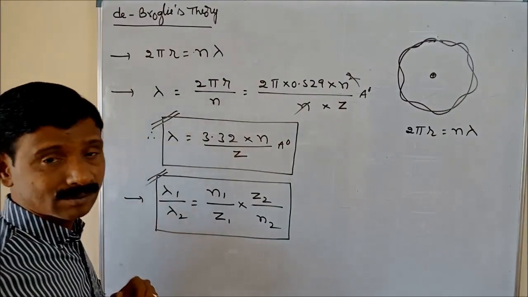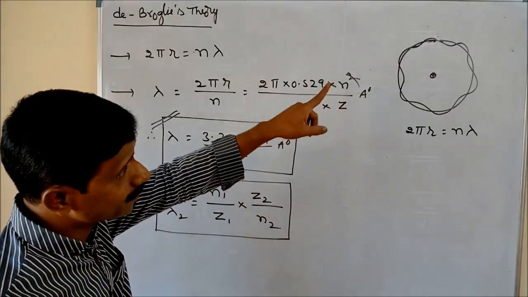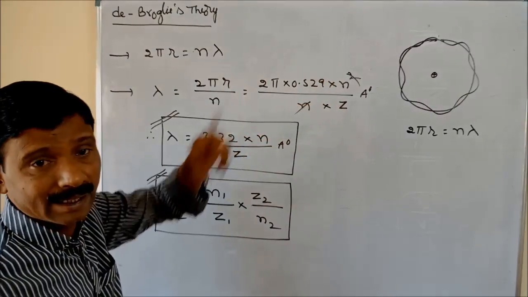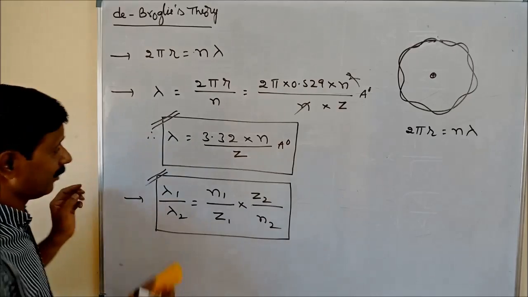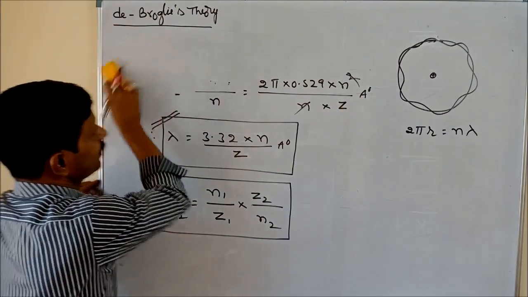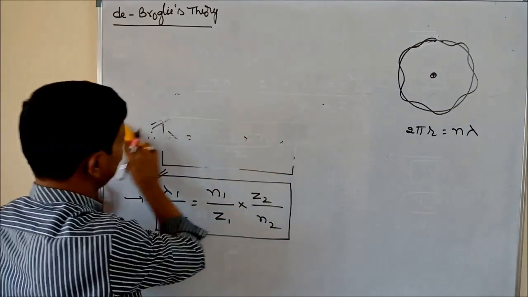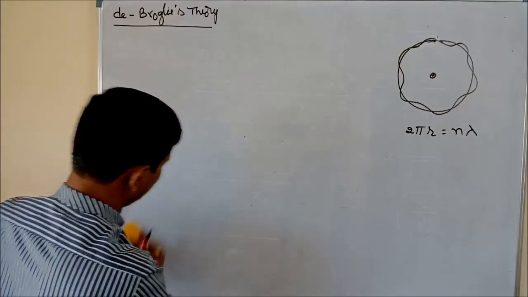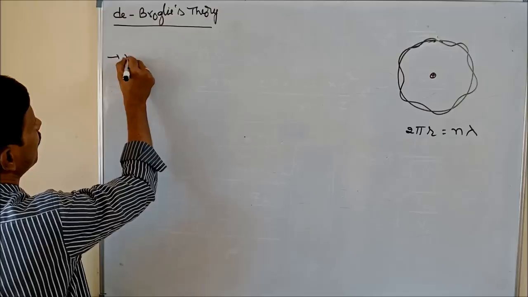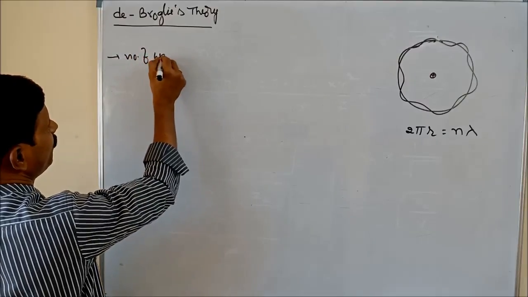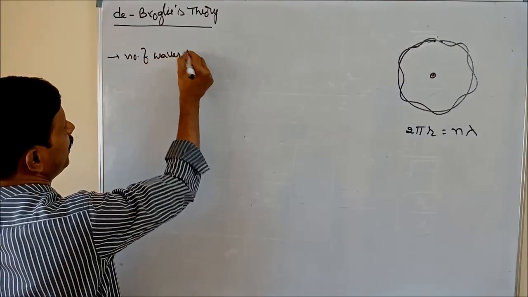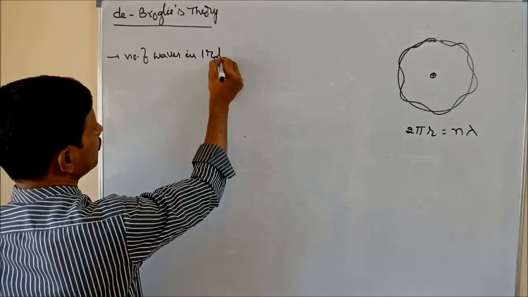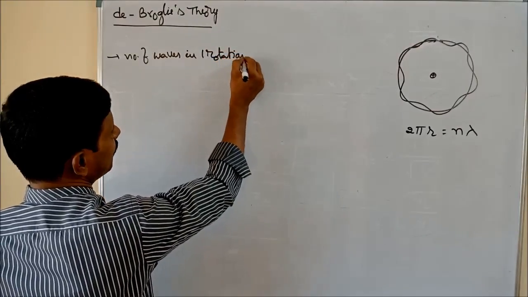And next one, number of waves. How many waves are made by that electron in that circular orbit in one revolution? For that purpose, if you want to identify the number of waves in one rotation, especially all these are for the electron.